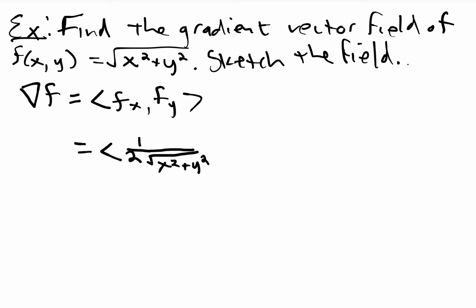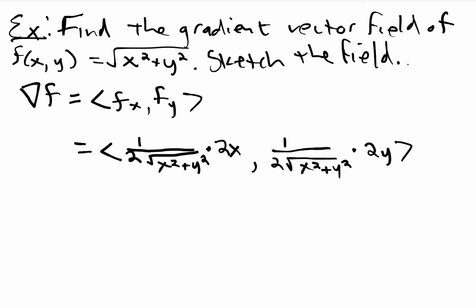That's the derivative of the outside function. You need to tack on the derivative of the inside function. If you're doing this with respect to x, you're going to get a 2x to tack on. Similar deal, if I apply chain rule over here, we're going to get a very similar looking derivative. This is 1/2 times that same square root. But this time, if we're doing a y partial, the thing we have to throw on the end is a 2y.